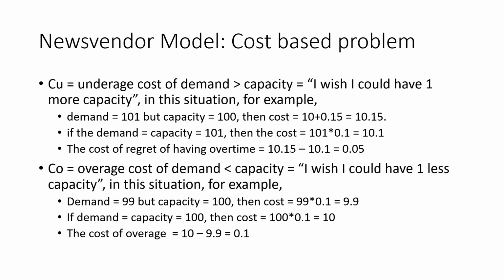If demand is equal to capacity equal to 100, then cost is equal to 100 times 0.1. I got 10. So overage cost is equal to 10 minus 9.9 equal to 0.1. So you just plug in the number to figure out the CU and CO.